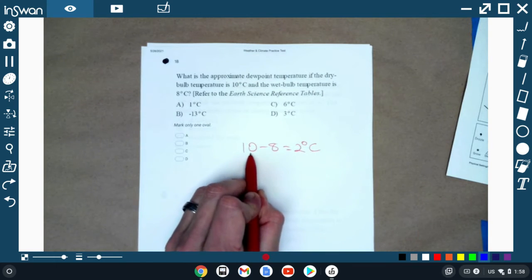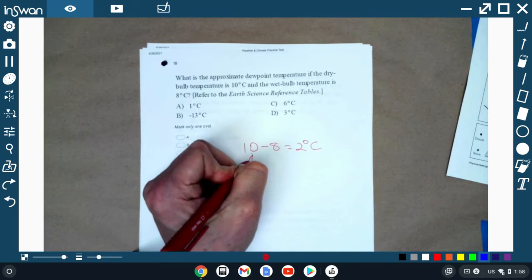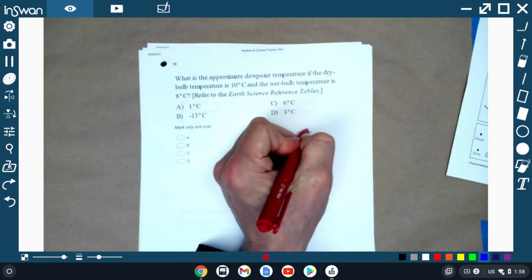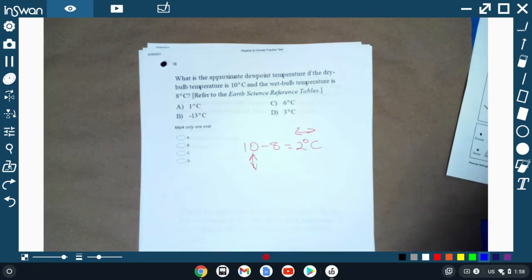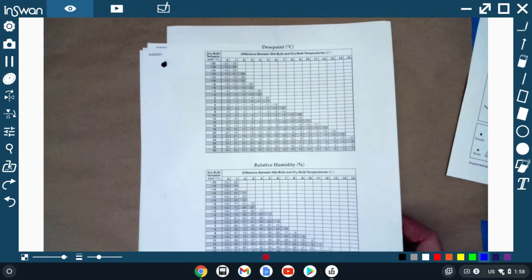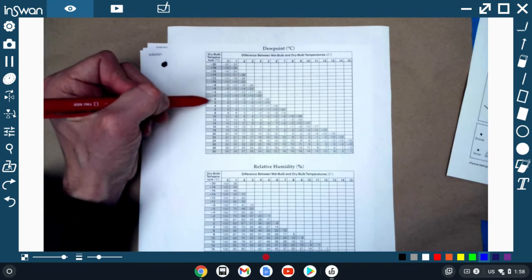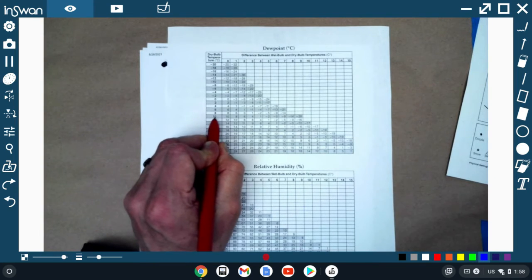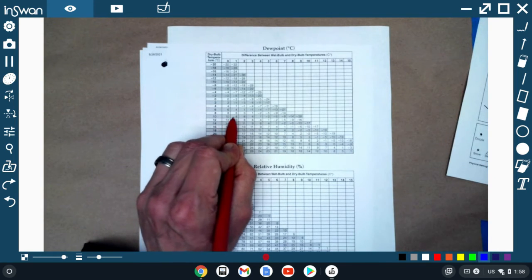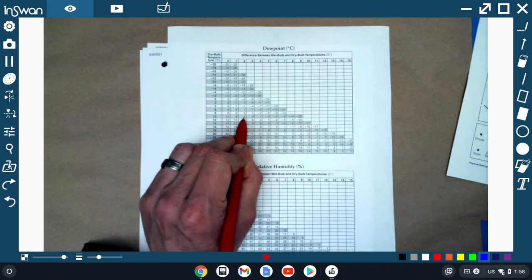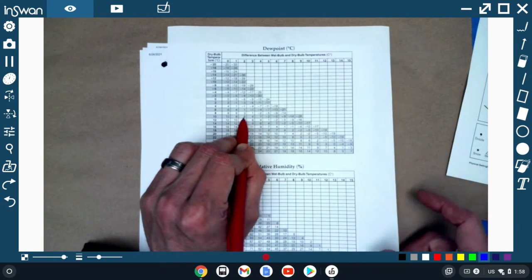We start with 10, and we'll look on the up and down axis, and then 2 degrees Celsius we'll look on the left and right axis. So how do we do this? Well, I'm going to go all the way down to 10. My first column is 0, and then 1, 2. And so then the dew point should be 6 degrees Celsius.